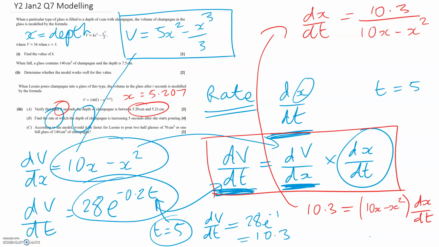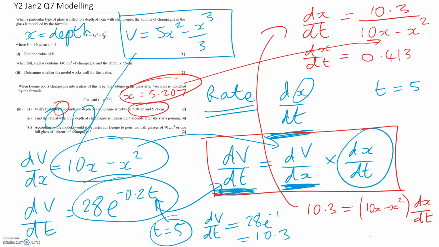So if we put these values in, dx by dt will equal, so just substitute x equals 5.207 into here for both x's, and the answer you should get is 0.413 centimeters per second.